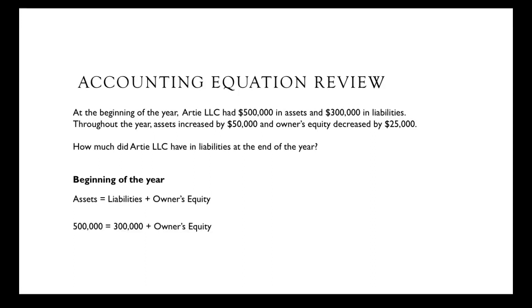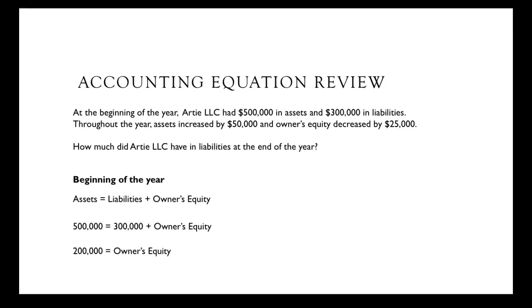So we can plug that into our accounting equation. Now we just need to use algebra to find our owner's equity, right? So we would subtract 300,000 from each side to see that at the start of the year, RD LLC had $200,000 in owner's equity. So that's step one, is to get that baseline beginning of the year accounting equation figured out.